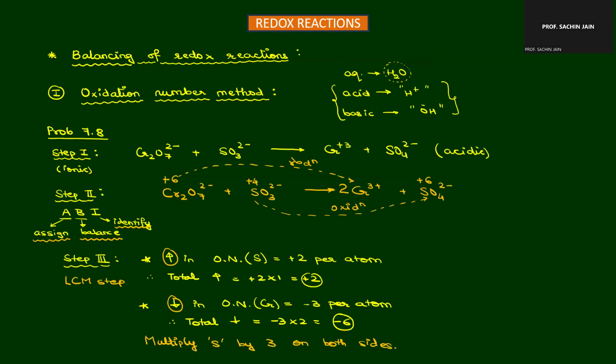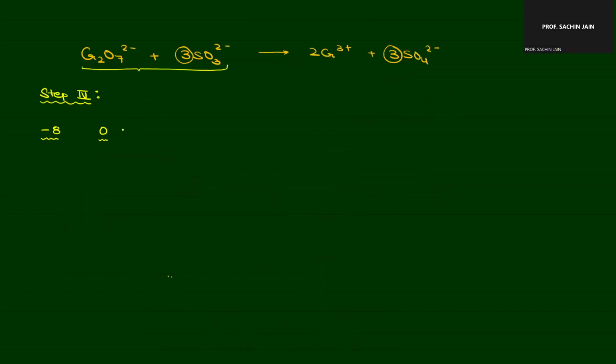Now the medium of the reaction mentioned was acidic. So I have to add H plus ions. On what side do I need to add the plus so that my minus 8 becomes 0? Mathematically, minus 8 plus 8 would become equal to 0. So this plus 8 will be introduced by adding 8H plus on the left hand side. So in step 4, we add 8H plus on the left hand side to balance the charges.